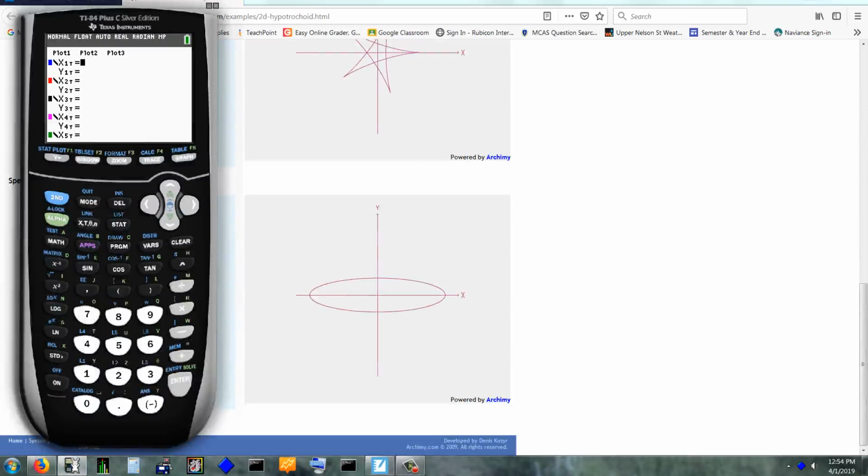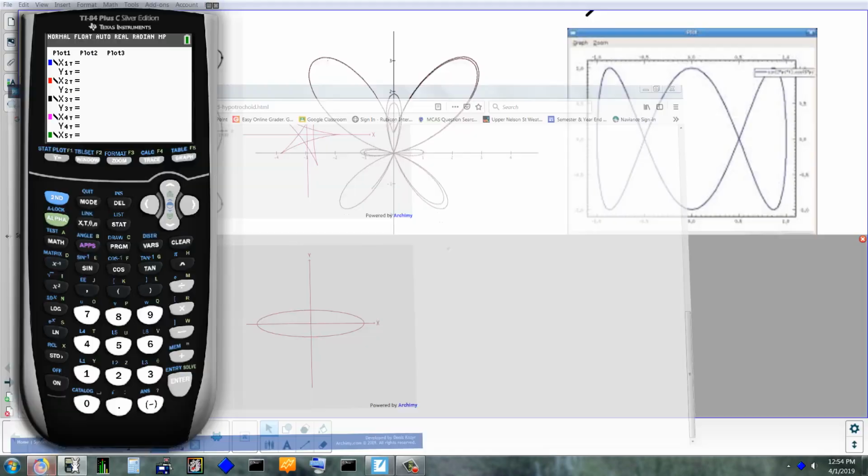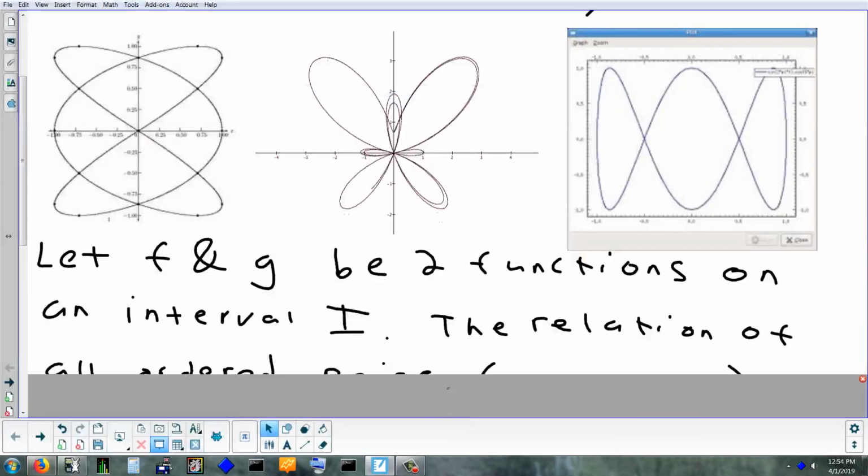When you want to graph, you need two separate equations to make one parametric graph. One equation is for x values, another equation is for y values. So that's a little different. We usually use one equation for the whole thing. Well, you've got one formula that gives you the x part of your coordinate, and then a separate formula for the y value. Right?